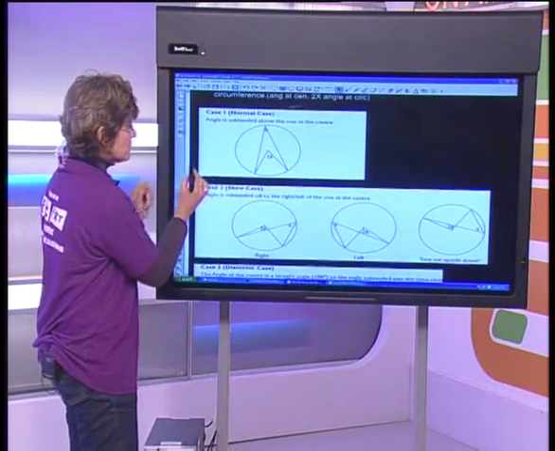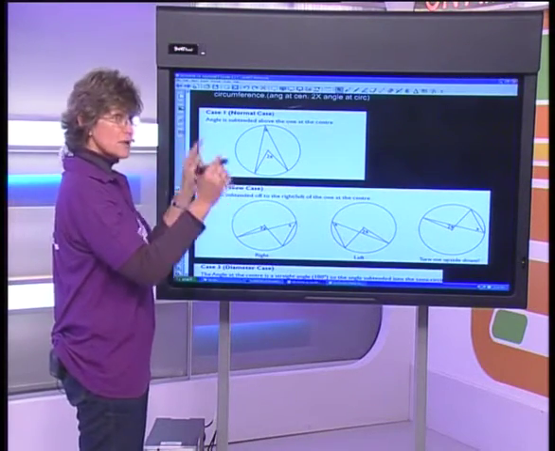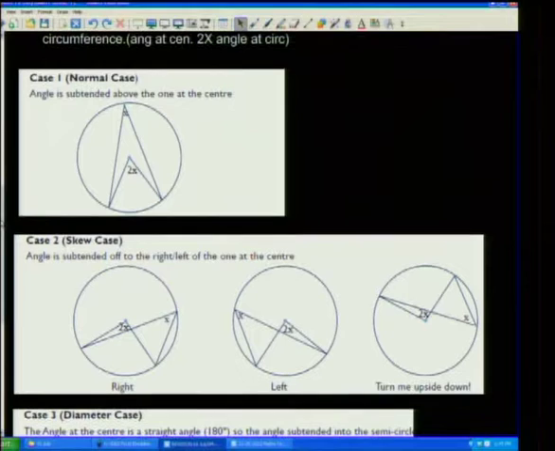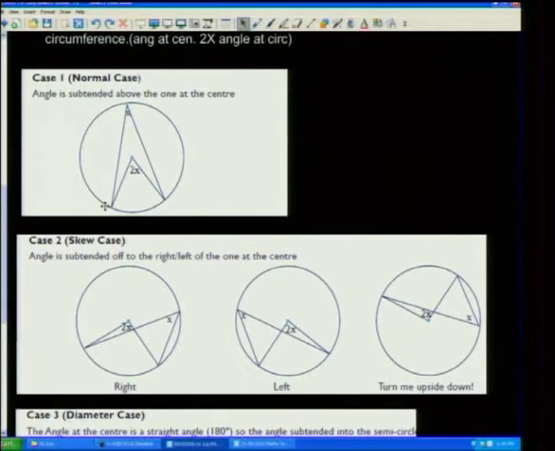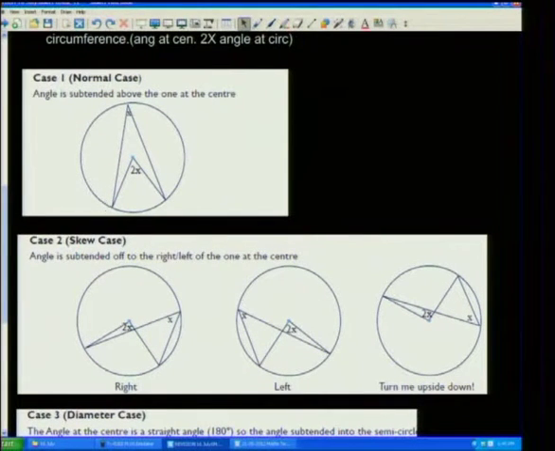So let's just have a look at what E.T. was saying. Do you recognize that he was saying that when you have an angle hanging to the center, and then that same arc hangs an angle to the circumference, then that one at the center is double the one at the circumference? Okay, now that's the picture that he presented to you.